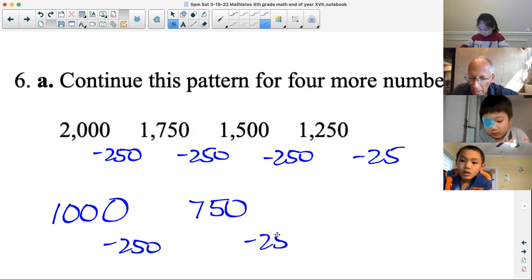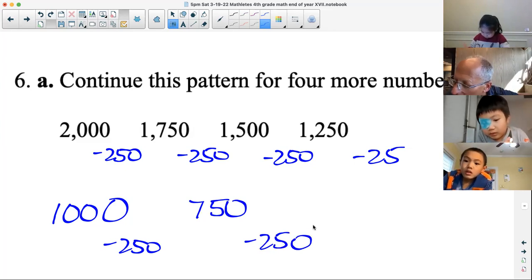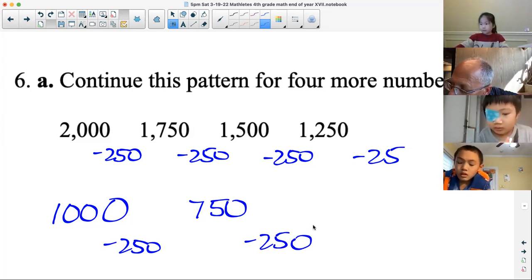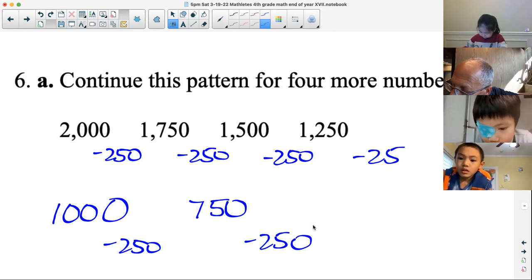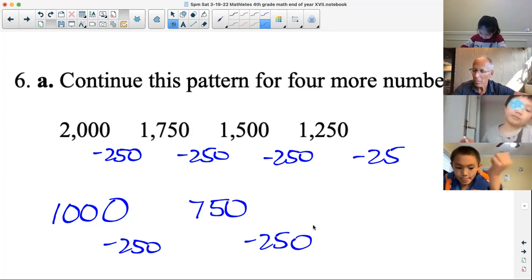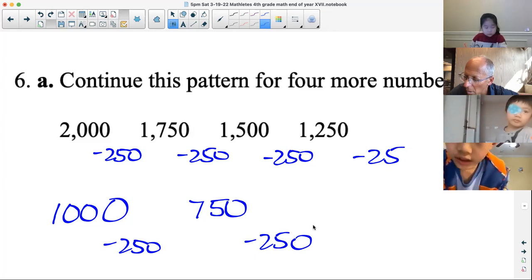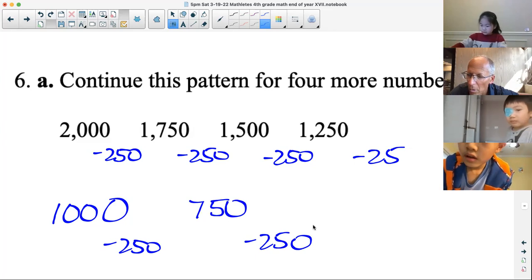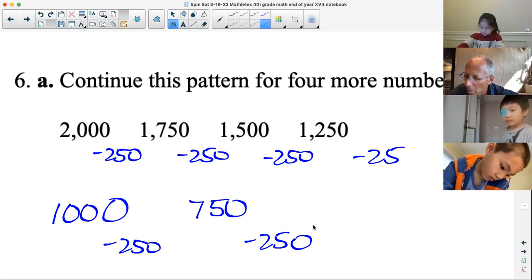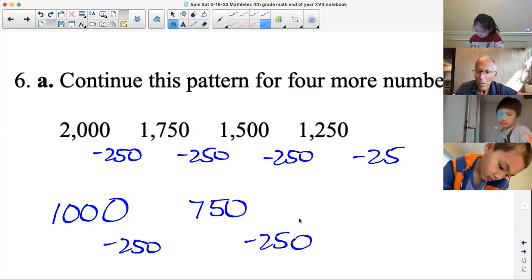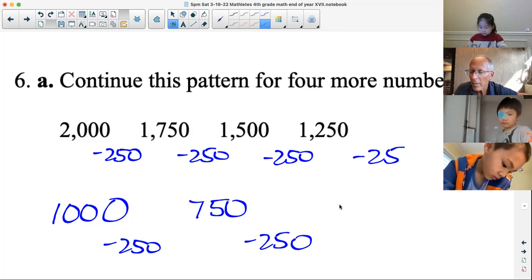Do it again. Take away 250. What do you think? Who's got it?